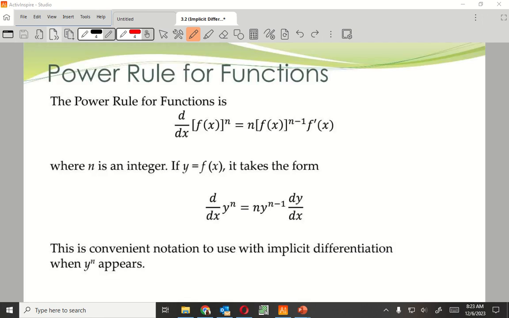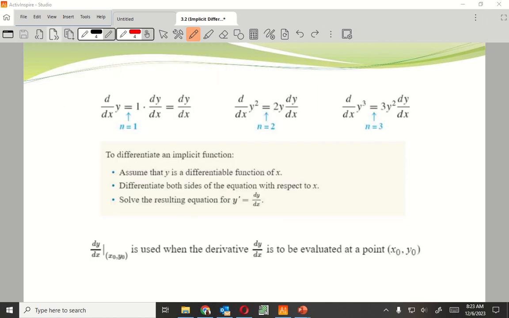So all the other rules still apply, as if we've been doing this the same way, if it is a y or an x. Just like this, the derivative of this is going to be 1 dy dx, and if it was a y squared, I take the derivative of the y, which would be this 2, and then I subtract 1 from my exponent, and then I add my dy dx.